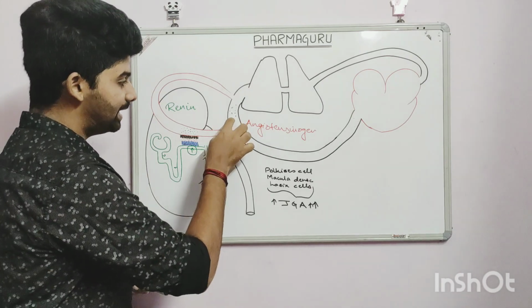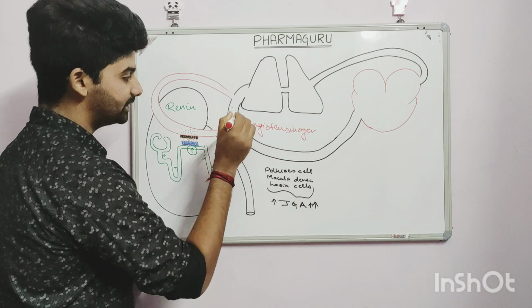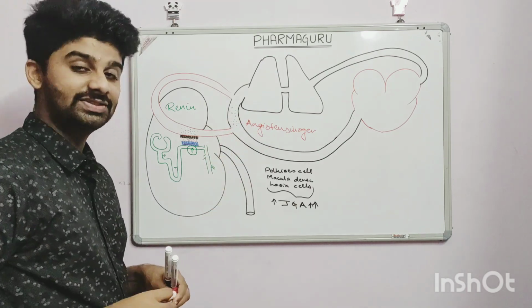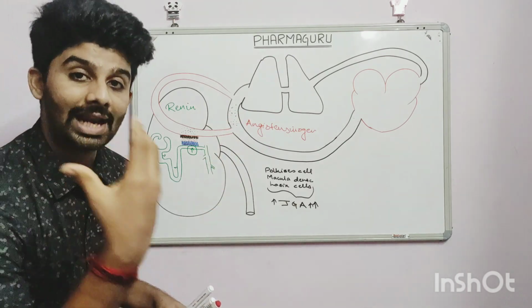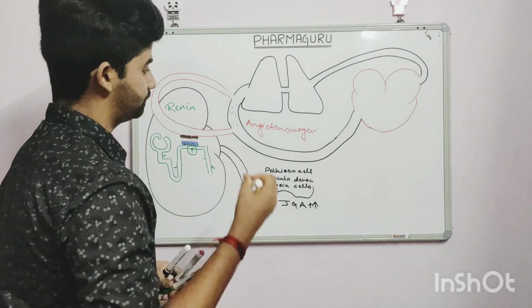Now when this renin comes in contact with the angiotensinogen, the angiotensinogen, that is the inactive molecule, gets converted into an active substance, that is angiotensin 1.